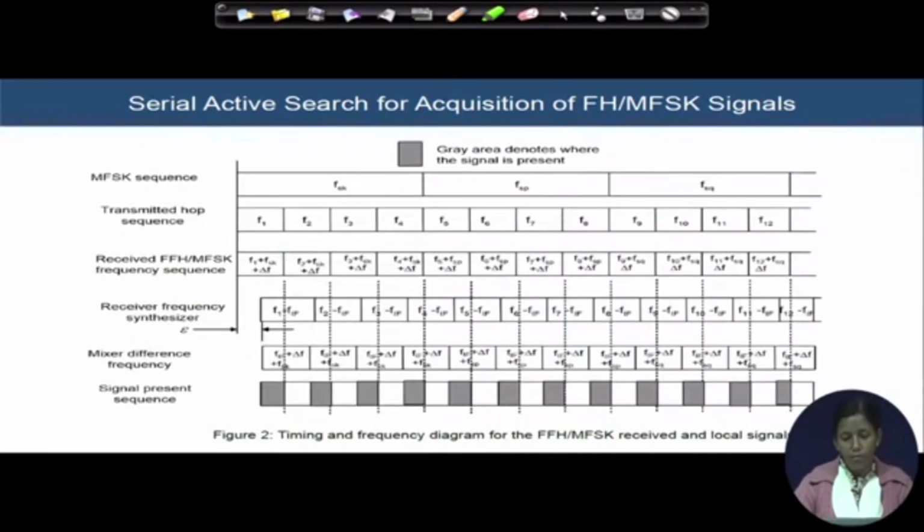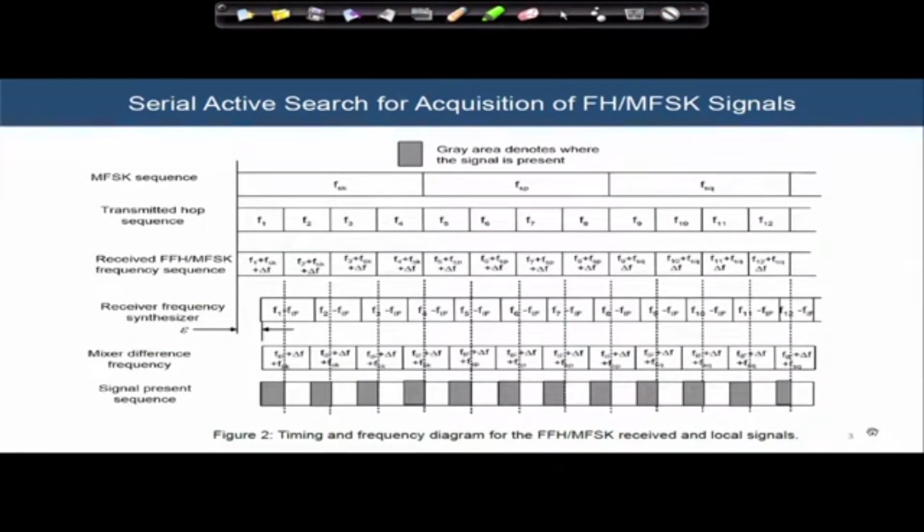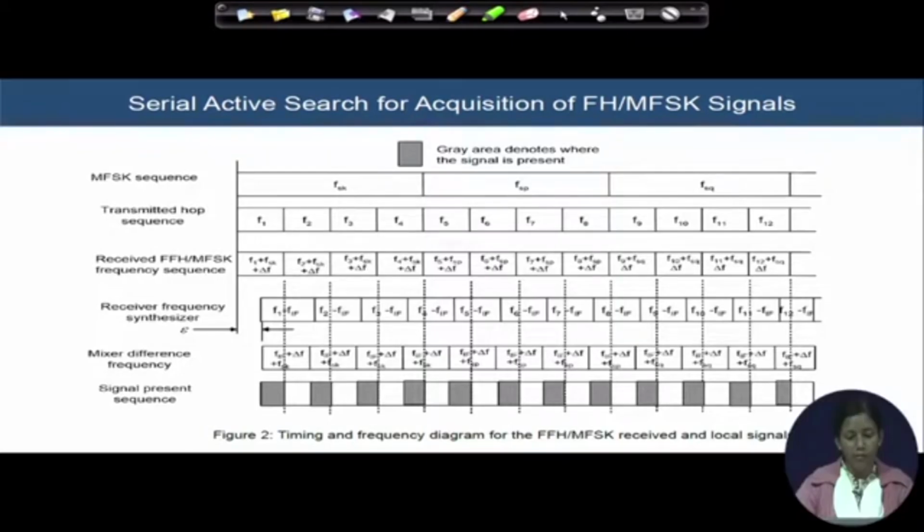From here we also understood the time frequency diagram of this fast frequency hopping MFSK signal. The diagram will change a little bit if you change the system from fast frequency hopping to slow frequency hopping. The diagram that I am showing here is fast frequency hopping.